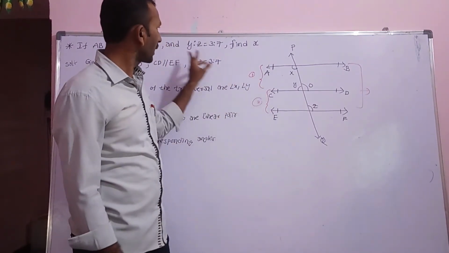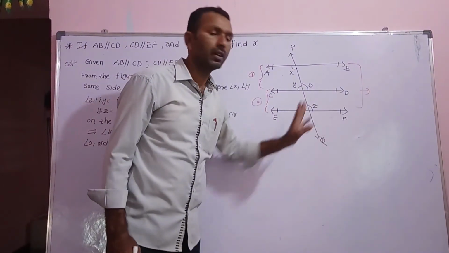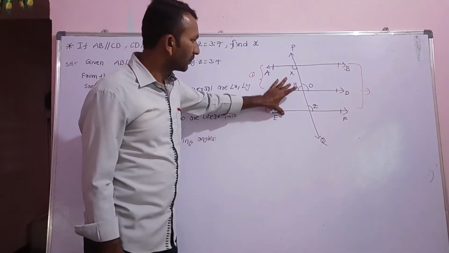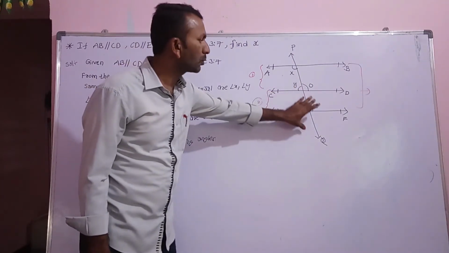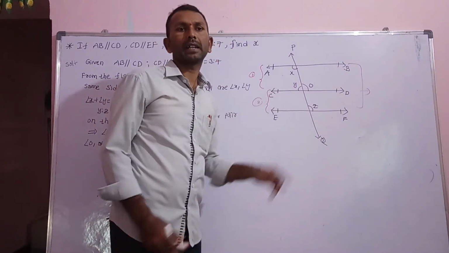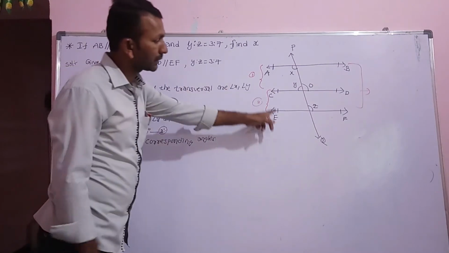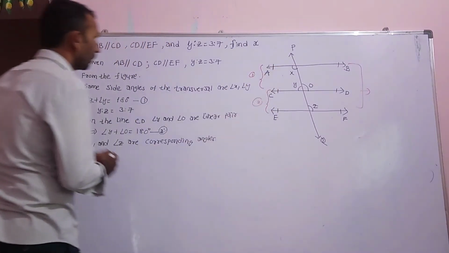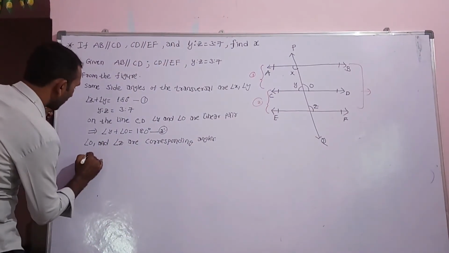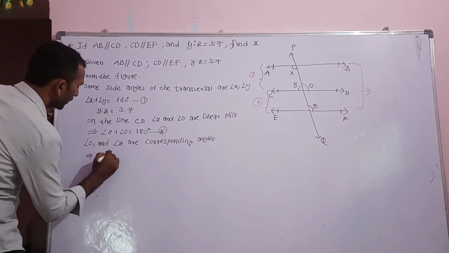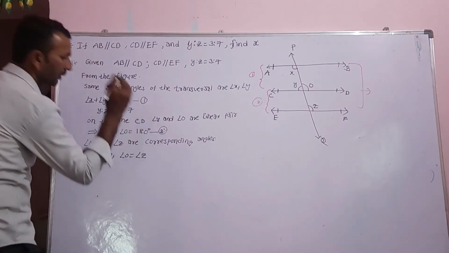We already have the information that AB is parallel to CD and CD is parallel to EF. If these two lines are parallel, the corresponding angles will be equal. So angle O equals angle Z.